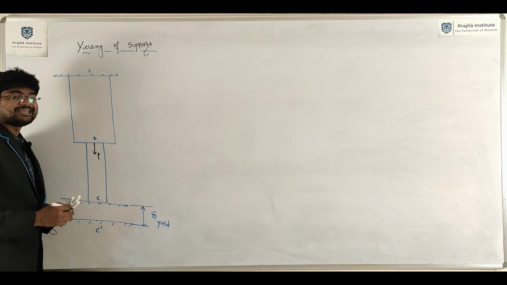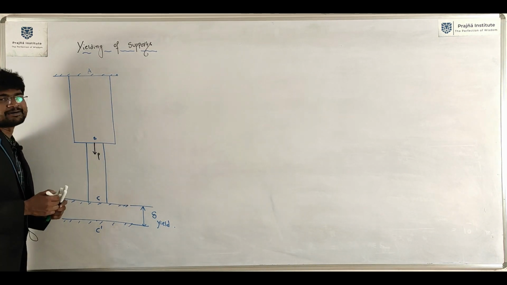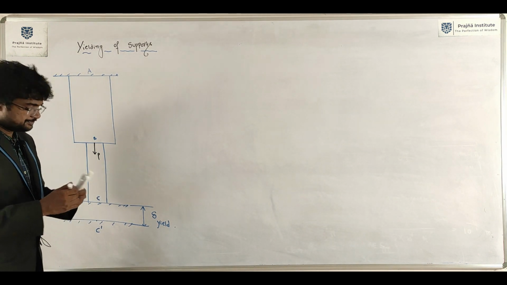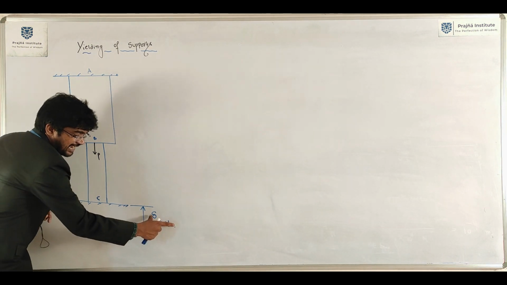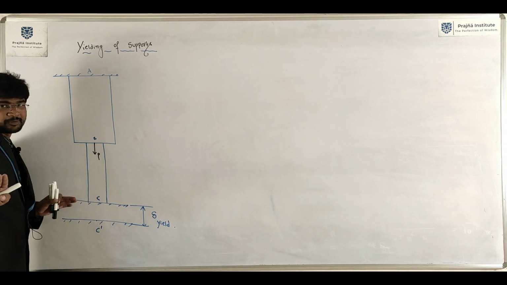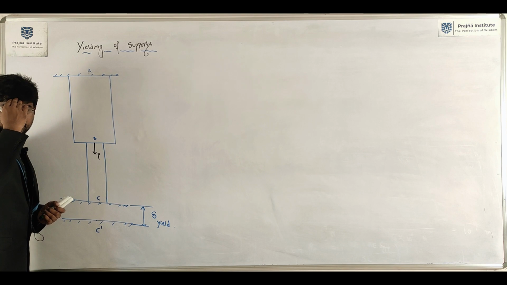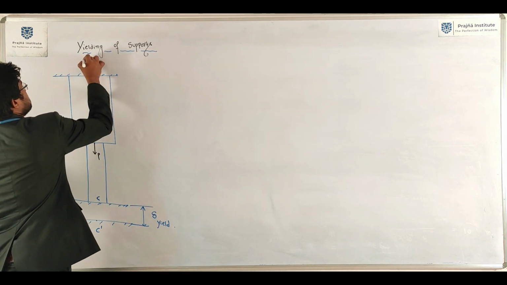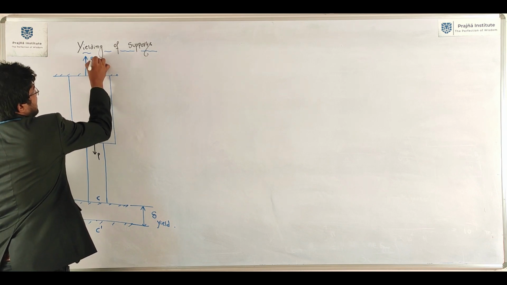How to solve yielding of support problems? It is very simple actually. We just need to change the compatibility equation. In general, if it is not 0, it is delta yield. We already solved the problem by drawing the pseudo axial loading diagram.